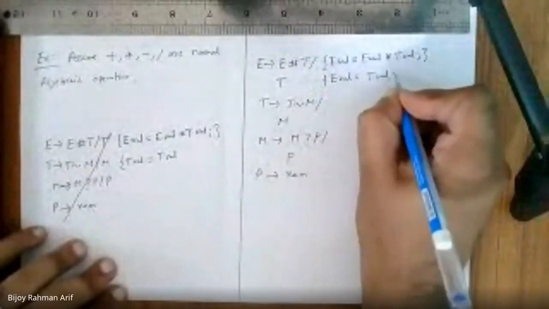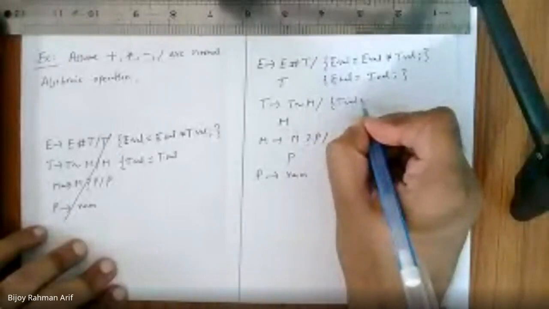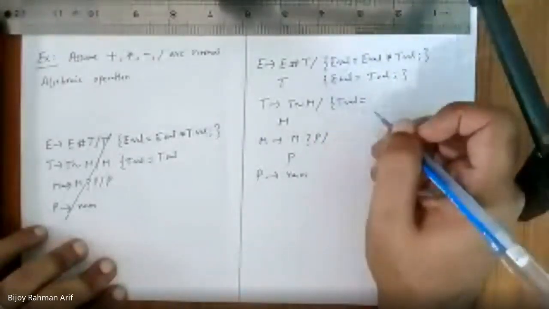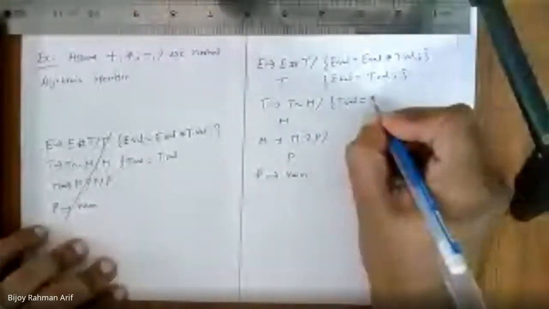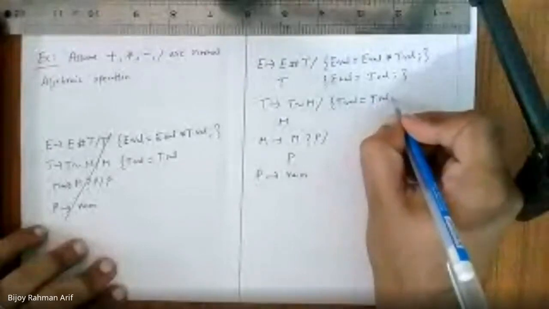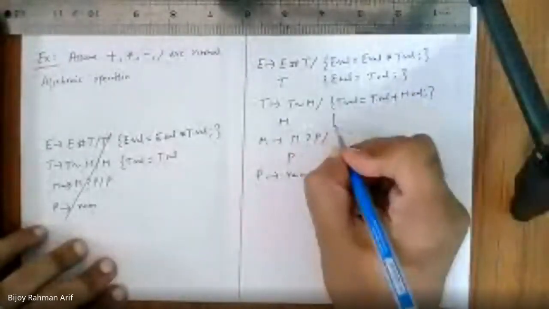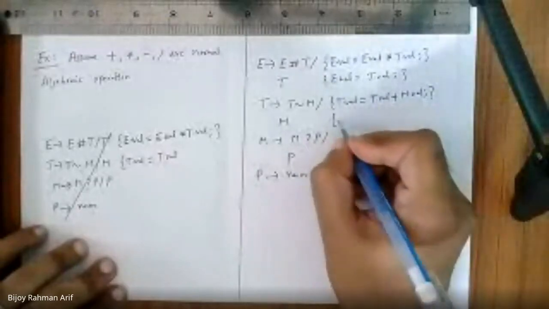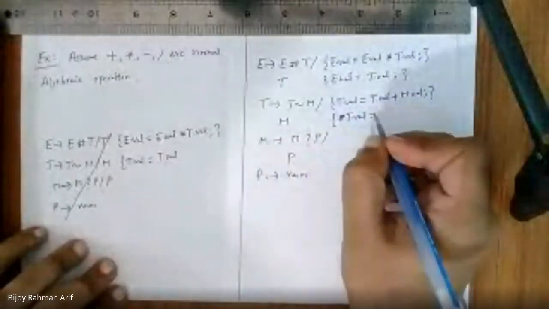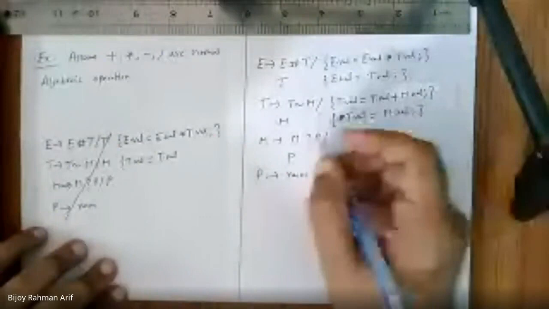T dot val is equal to T dot val plus M dot val. T dot val is equal to M dot val.